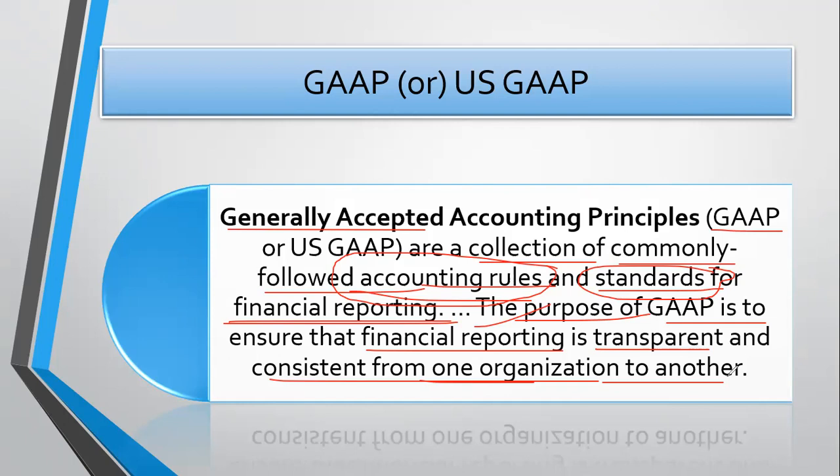Generally accepted accounting principles is also called US GAAP. And one more most important thing to remember, the Indian accounting standard is also prepared in line with the international financial reporting standards, that is international accounting standards.